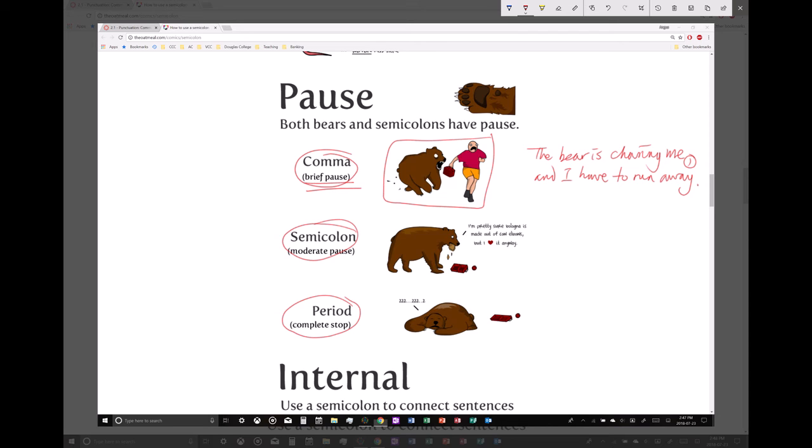If I were to change this to a semicolon sentence, it would read like this. I'll use a different sentence. I dropped my lunch box; semicolon. The bear is now distracted.